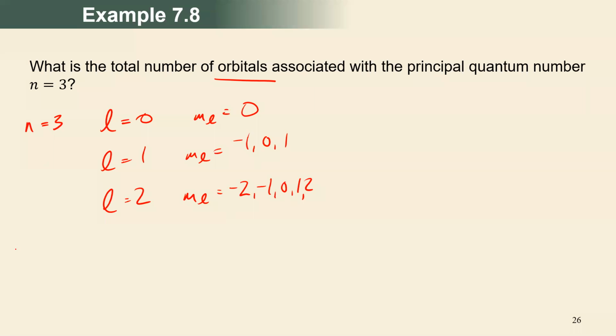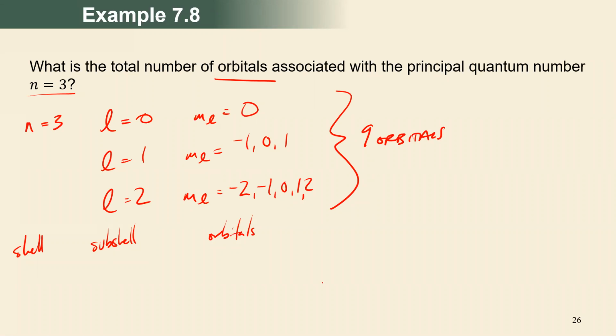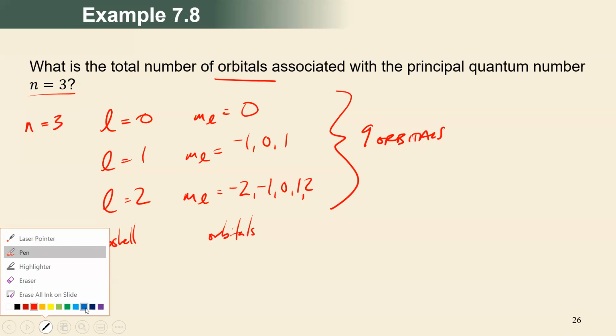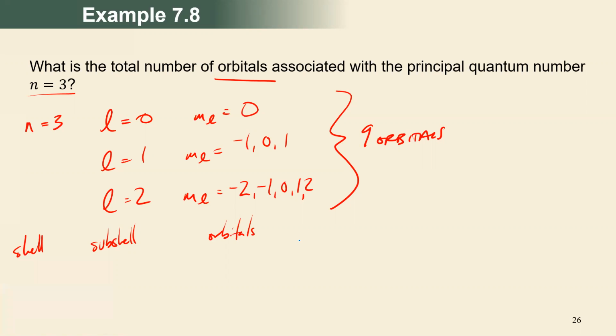And so again, n corresponds to shell, l corresponds to subshell, and m sub l tells us something about orbitals. And so for all these n equals 3, how many orbitals do we come up with? 9. That's it, 9 orbitals. Let's do n equals 2 real quick, and we can make some connection here.